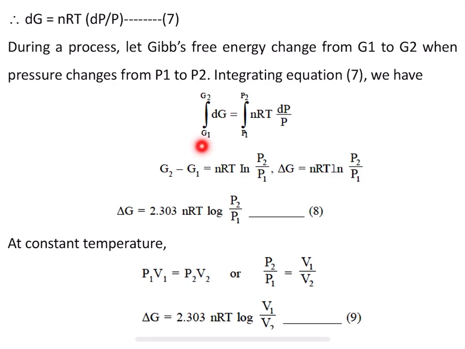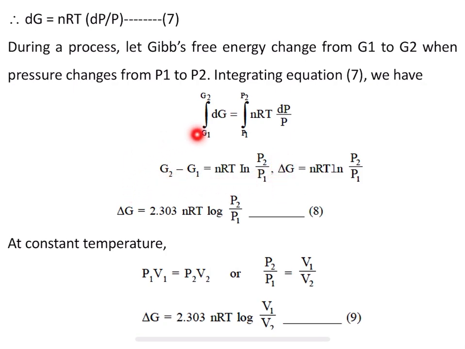Now integrating equation number 7 with respect to the limits, I'm going to get the integral from G1 to G2 of dG, which is equal to the integral from P1 to P2 of nRT into dP divided by P. This equation can be written in terms of ln, where I can write G2 minus G1 is equal to nRT ln P2 divided by P1.